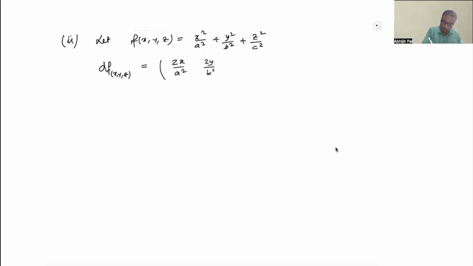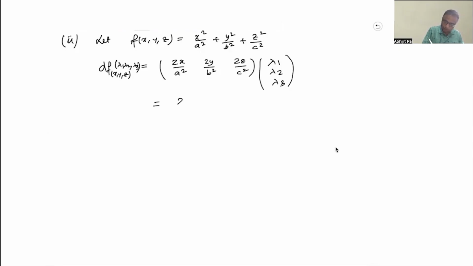So this is my matrix of this linear map. If I take any lambda 1, lambda 2, lambda 3, this matrix is acting on this vector lambda 1, lambda 2, lambda 3.